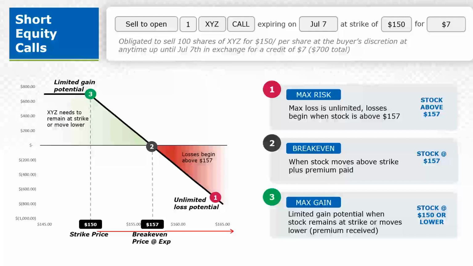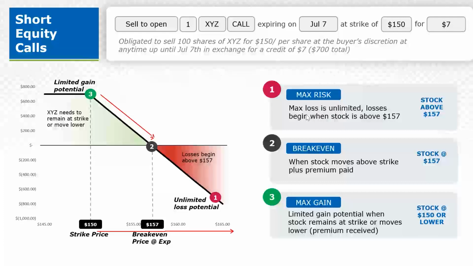That is because the max reward, whenever you sell a call option or put option, is the premium that you receive. The break-even price is at 157. And again, that area between 150 and 157 is going to give you a profit, but a slightly reduced profit. So profits do reduce between 150 and 157 at expiration, assuming you do not get assigned.